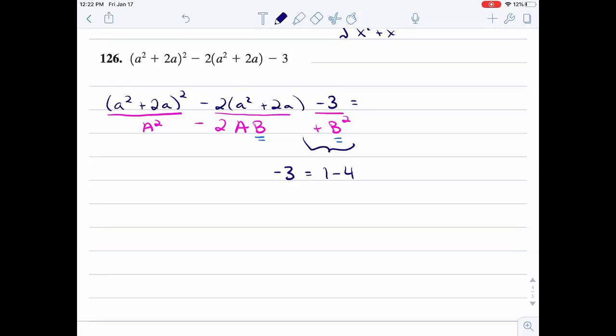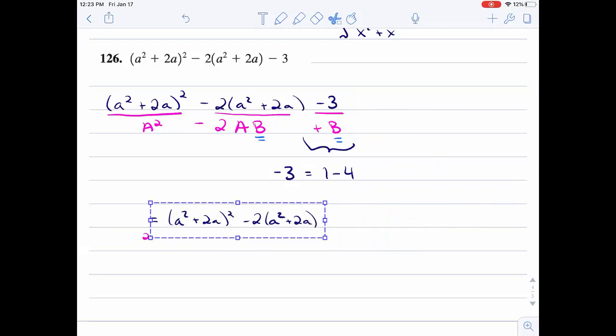And then what I'm going to get is then I have a squared plus 2a, squared minus 2 times a squared plus 2a. Oh, whoops, ran out of room. You know what? I'm going to scoot this to the next line. It got too big.